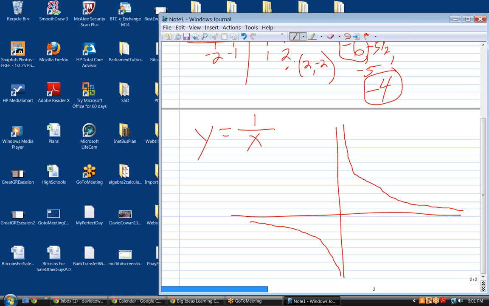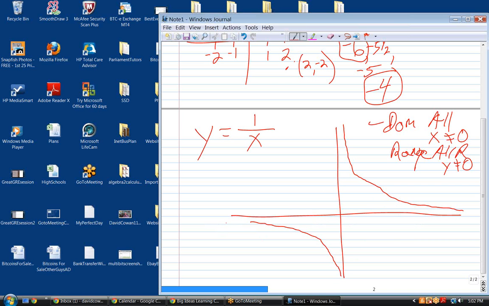I don't know if you've ever talked about this function or not, the hyperbolic function. No. Okay. Remember when we did it algebraically, the domain was all reals except x could not be equal to 0, right? It turned out the range was pretty much the same thing. All reals, y couldn't be equal to 0. Well, if you look at my graph here, you would be able to get this information by the graph.